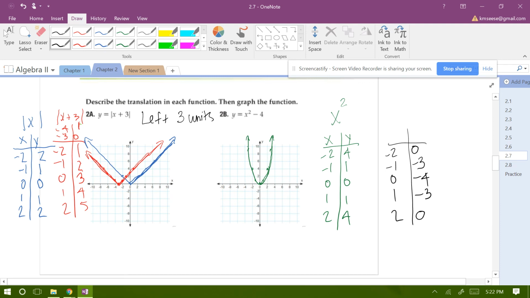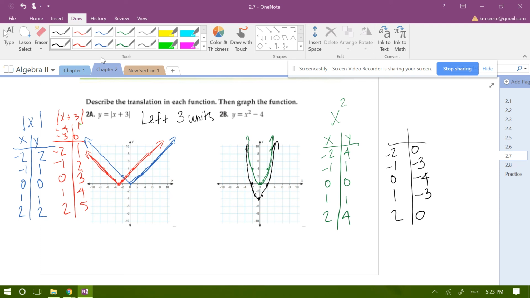So what this is going to look like is like this. And what happens is every point that I had in green is going to be moved down 4 units. So I took my original parent function x squared and I shifted it down 4 units.